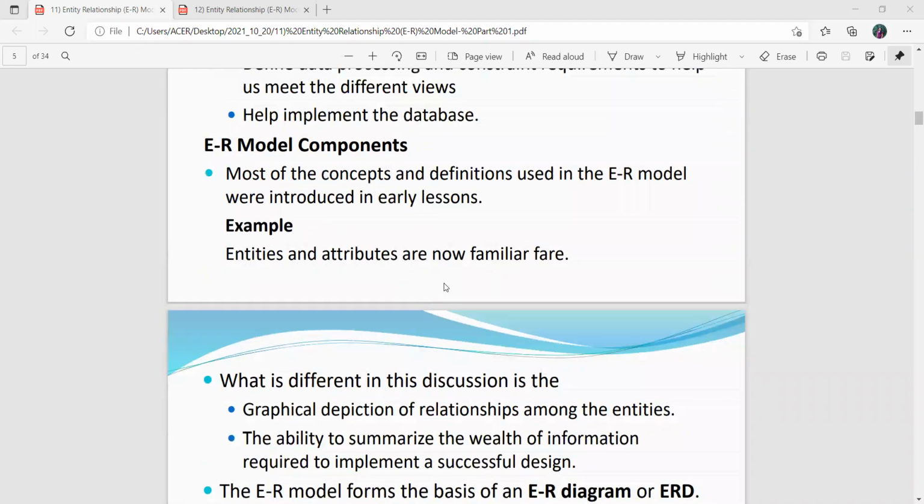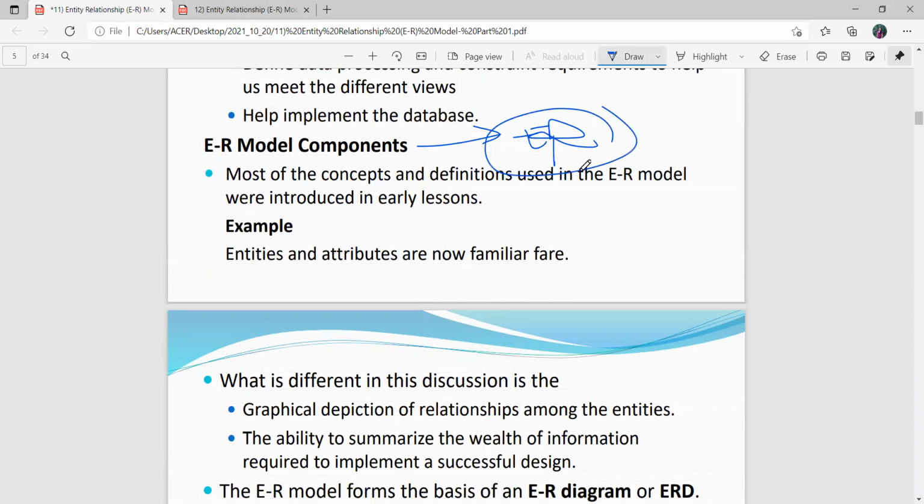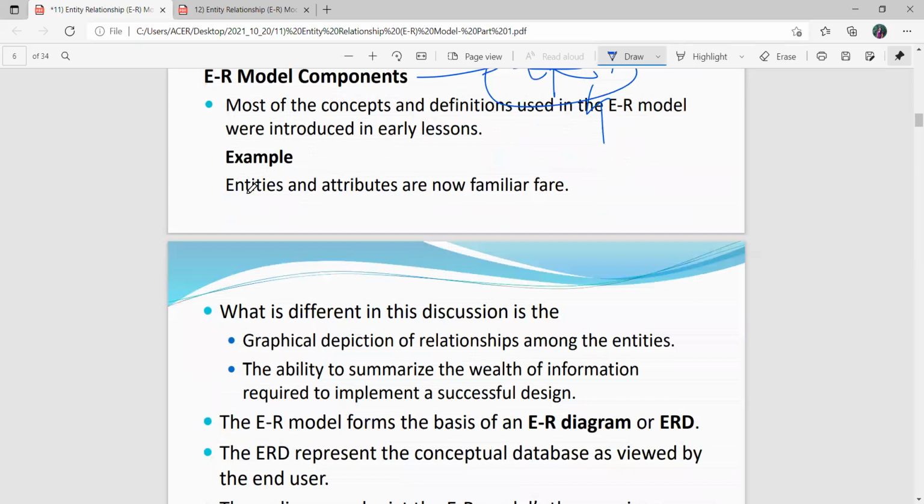So let's discuss the ER model components. Mostly we use the ER diagram to model the database. So it is needed to identify the components available in this ER designing and the ER model.